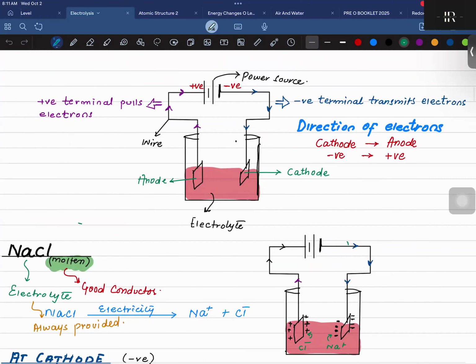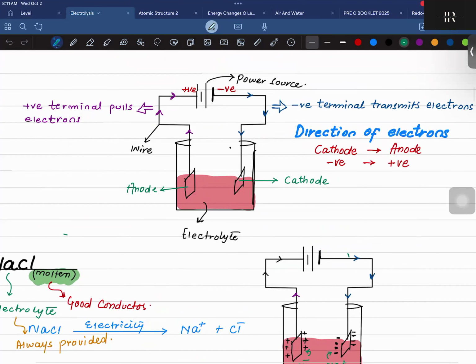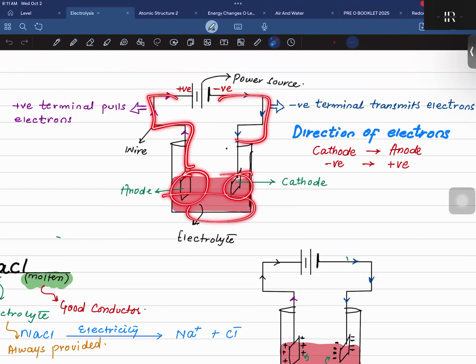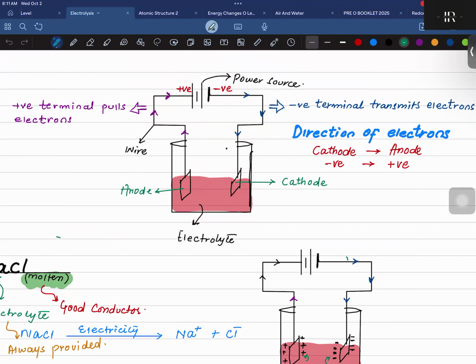Then I told you this is the apparatus, like how we can assemble different things: we have a beaker, different electrodes, wire, and a battery. And the very important thing that you need to know is the direction of electron. The direction of electron is from negative to positive.